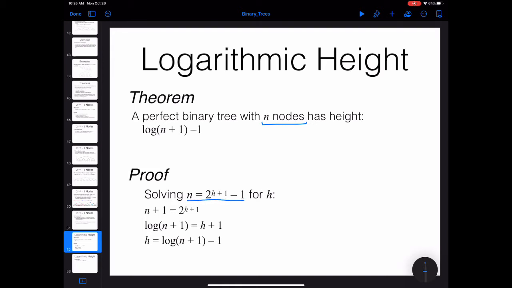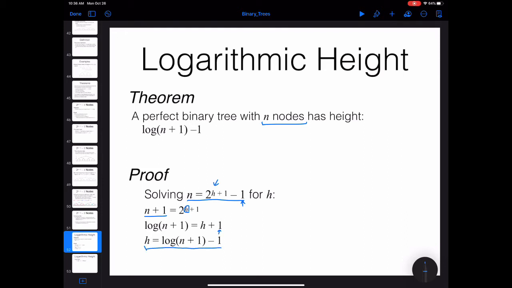So now I can just try to find h based on n. So I'm moving 1 from this side of equation to the other side. Then because I wanted to actually find h, I will take the log from both sides. Log of n plus 1 is going to be h equal to h plus 1, and put the 1 to the other side of equation. So this is going to be the formula.